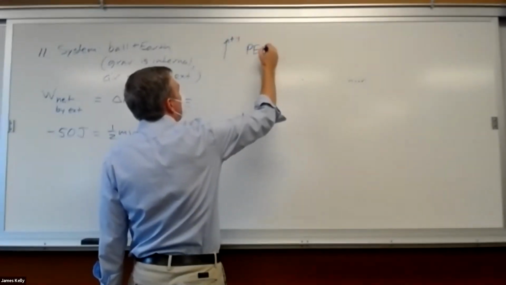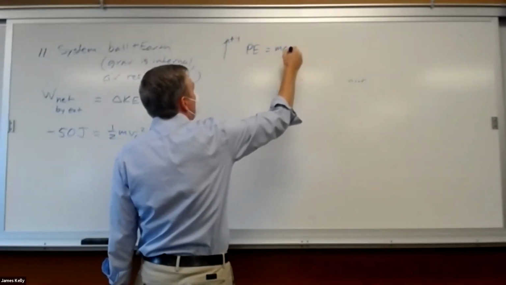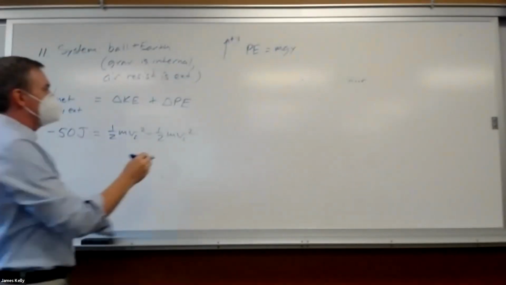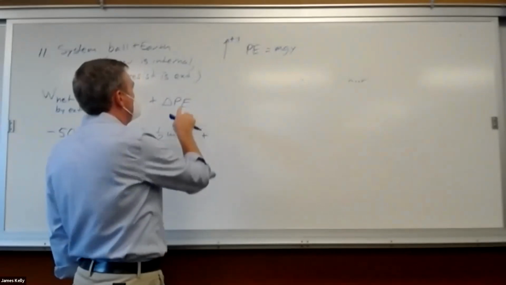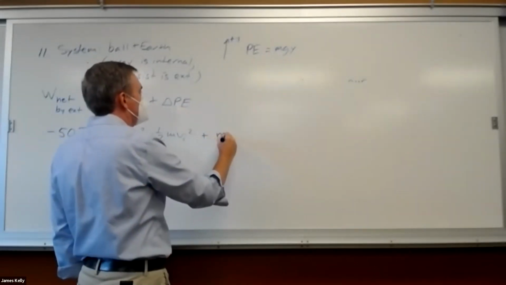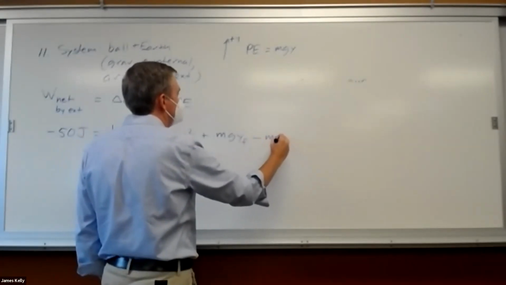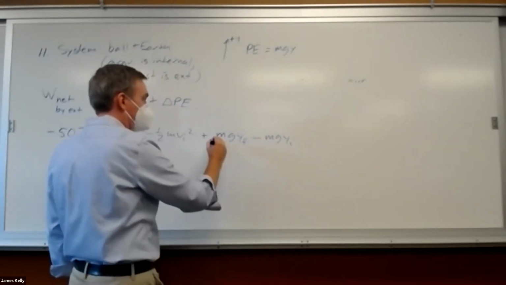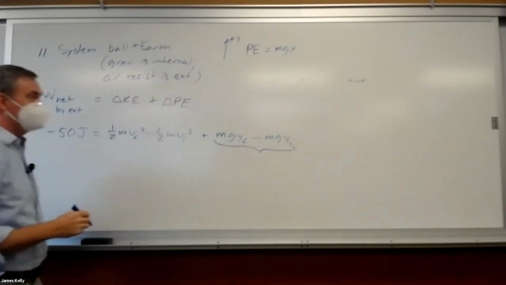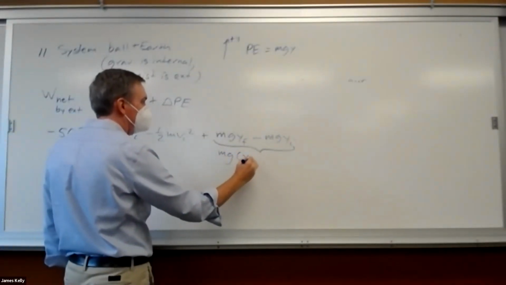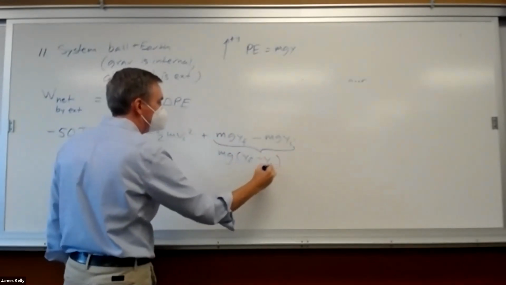So our potential energy function is mgy, where m is the mass of the ball. So plus PE final, that's mg y final, minus mg y initial. And I'm going to do the same thing that I've done several times yesterday. Let's just factor out the mg: y final minus y initial.